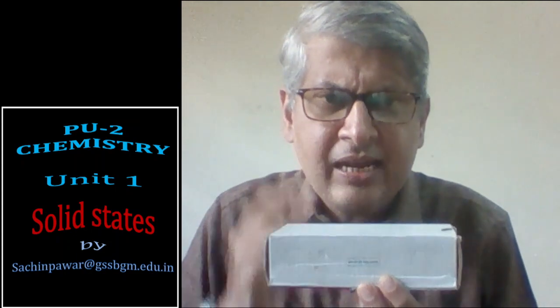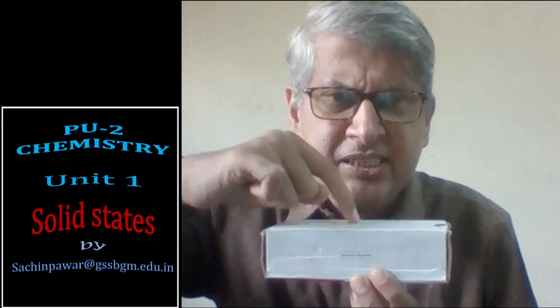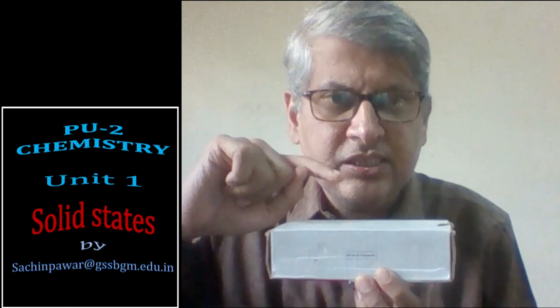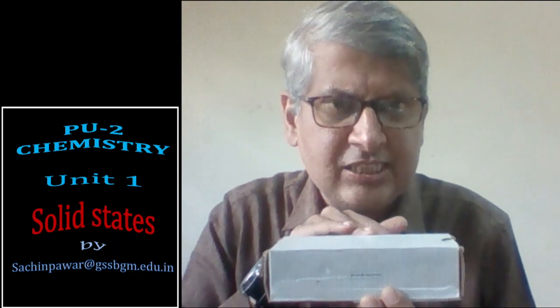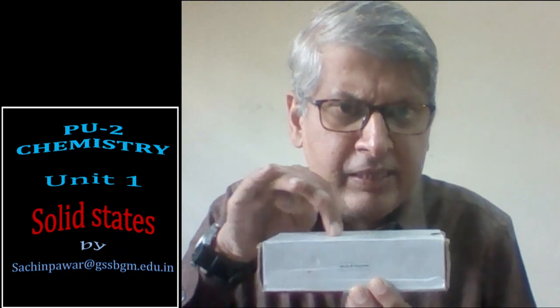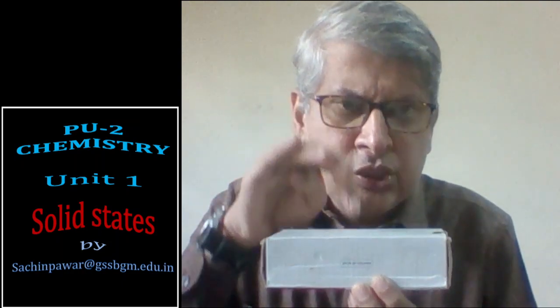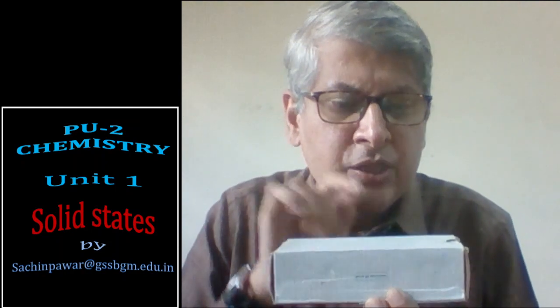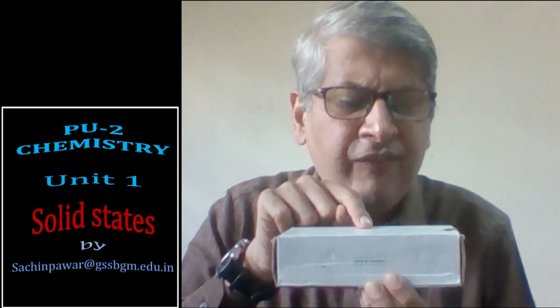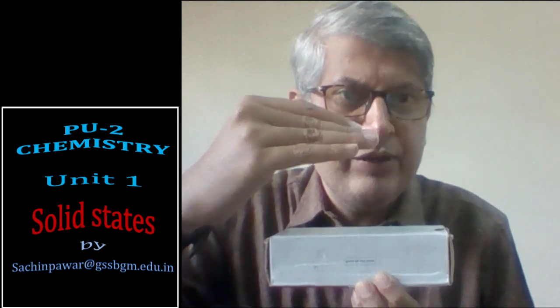If this box is there, and above this box one more is there, then this face is shared by two boxes, or I can say the face is shared by 2 unit cells. That means the particle which is present at the center of the face also should be shared by 2 unit cells. So in 1 unit cell, only half of that particle will be present, and half of that particle will be present in the upper unit cell.